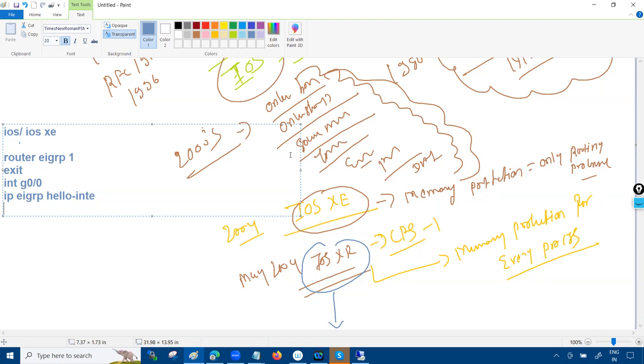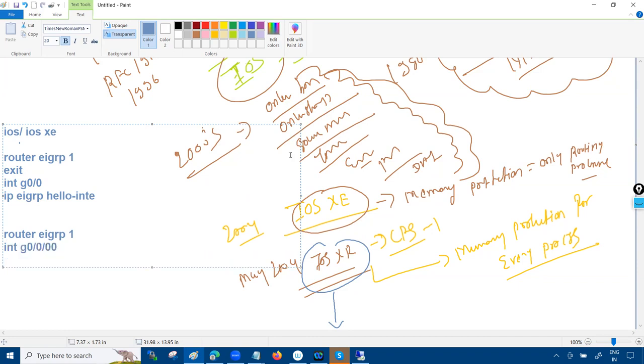IOS XR said that, hey, you know one thing, I'm going to maintain 100% hierarchy. So whatever commands you do, whether changing the timers or summarization or whatever, you are going to do it under the single box. If you're going to advertise the network, you just need to enable the interface in the network.